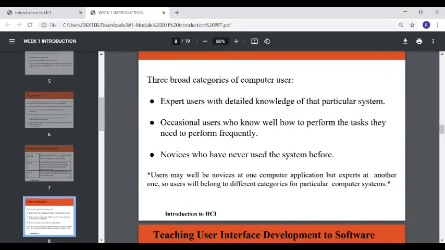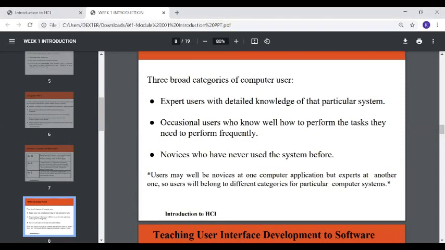Okay, next we have the three broad categories of computer system users. First, the expert user with detailed knowledge of the particular system.